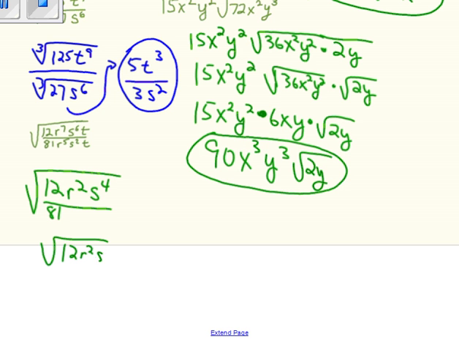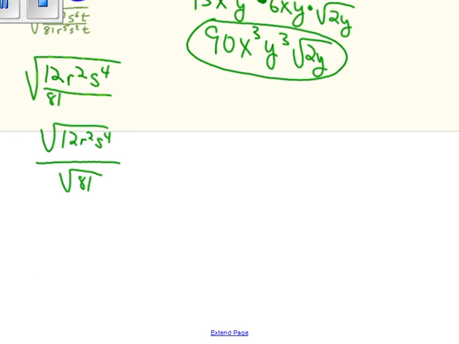So then I'll distribute the radical. Root 12r squared s to the 4th over root 81. Good? Now, what perfect square factors can I identify in 12r squared s to the 4th? 4r squared s to the 4th times what? 3 over 9.